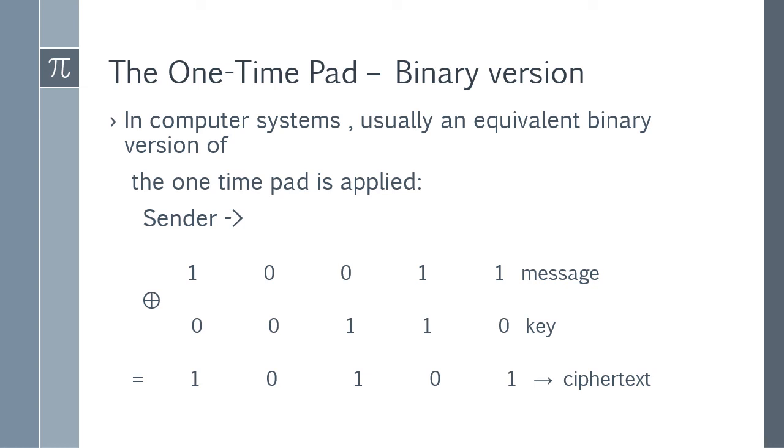So we get our ciphertext. It's 1, 0, 1, 0, 1. And the same procedure we take on the other part. So that's all for the one-time pad.